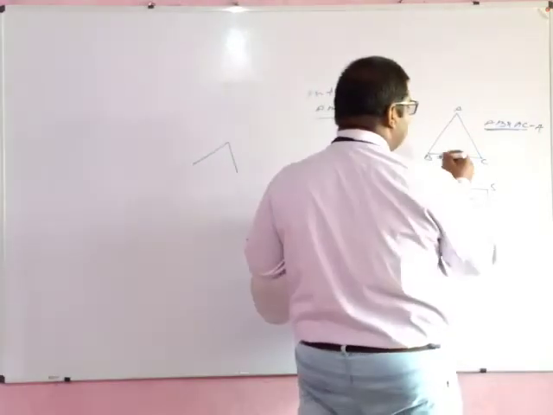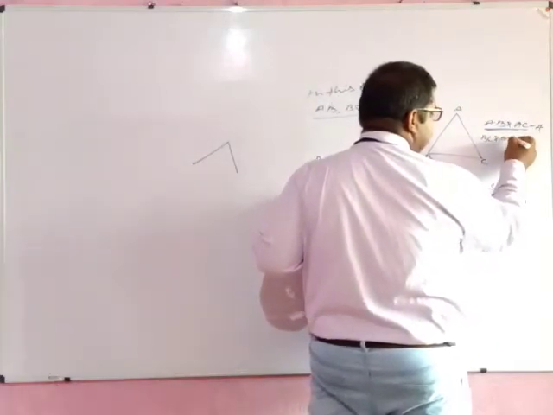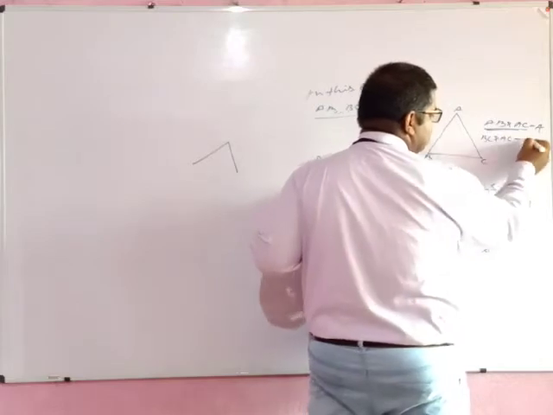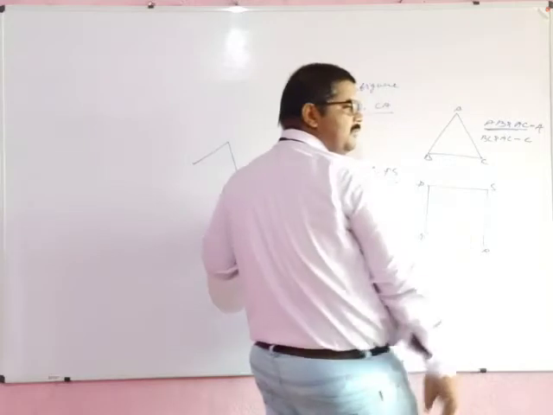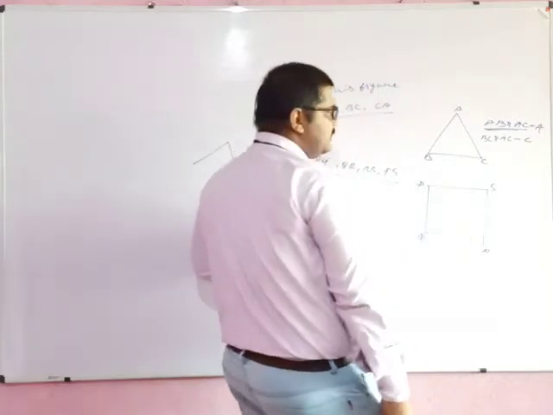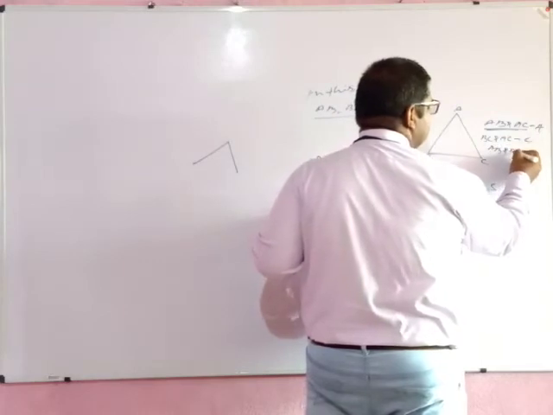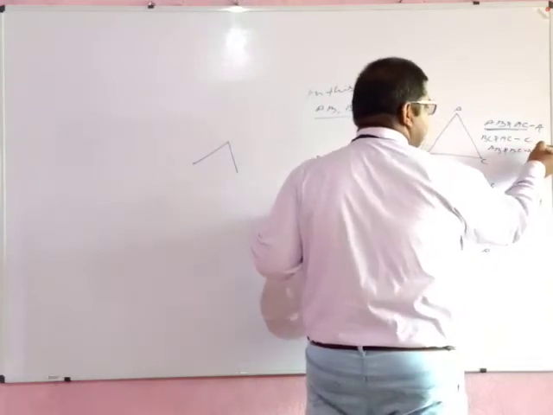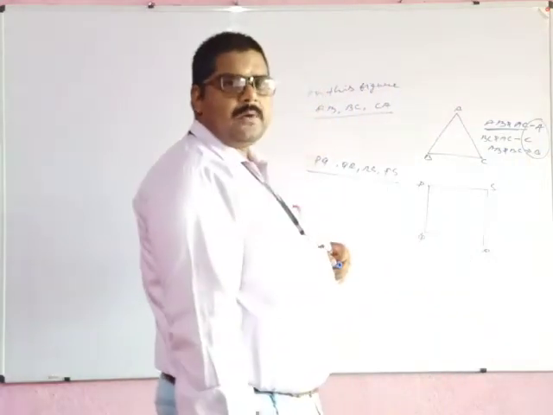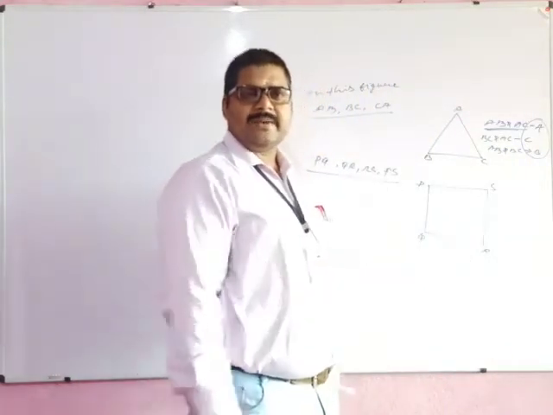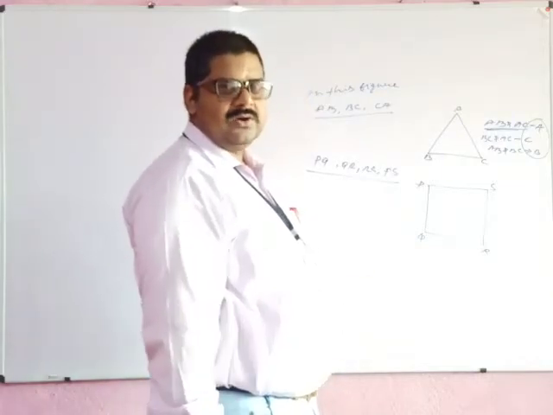Second, you can just notice that BC and AC meet at C, and this is why C is known as a vertex of this polygon. Similarly, AB and BC meet at B, and these three are the common points where two line segments meet, and they are known as vertices of this polygon.